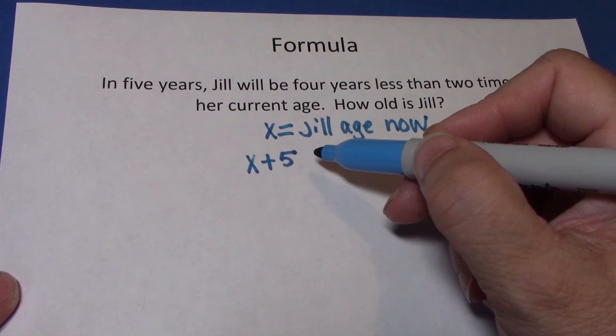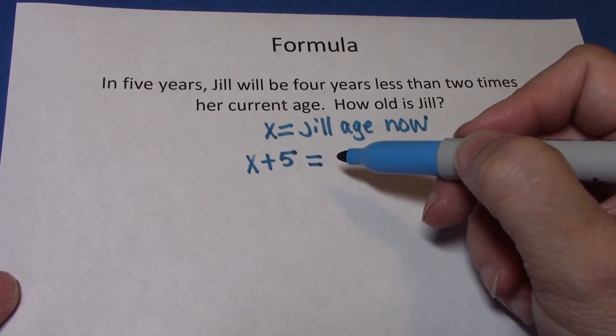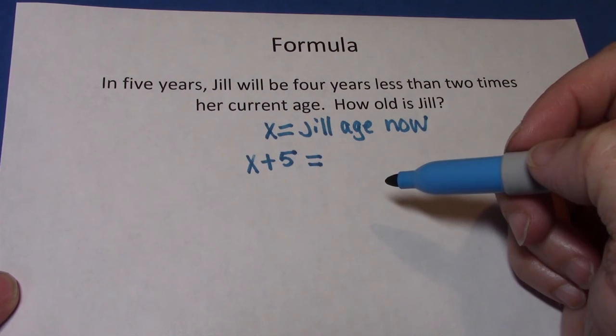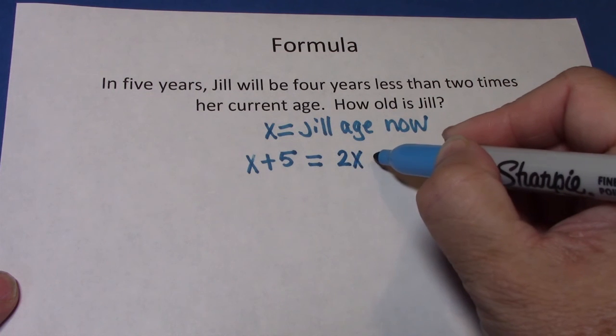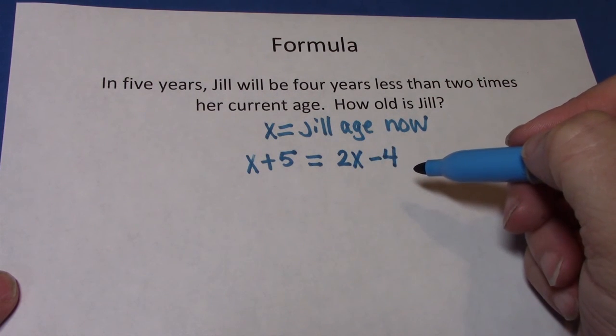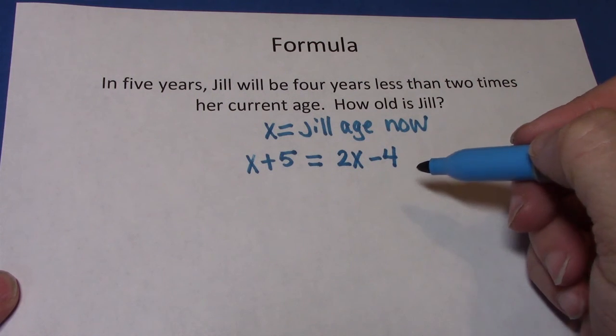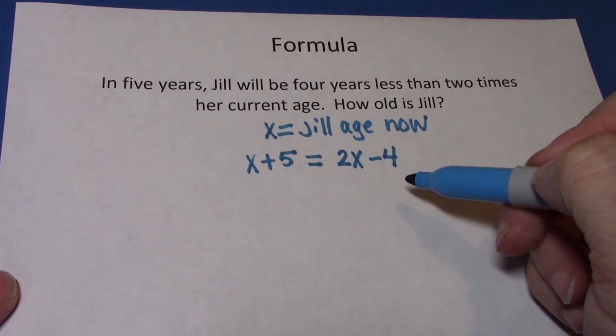Anytime there's any form of is, was, will be, that means an equal sign. And then it says 4 less than 2 times her current age. That's 2 times her current age with 4 taken away from it. So put all together, here's our equation.